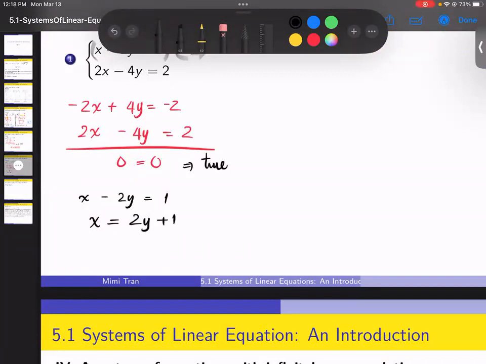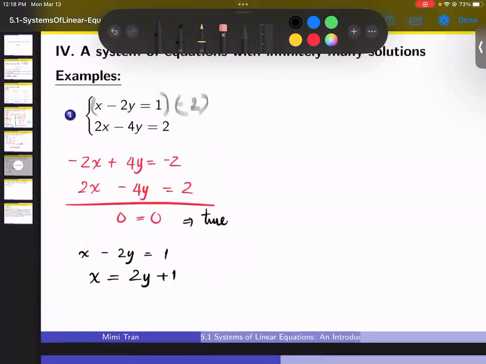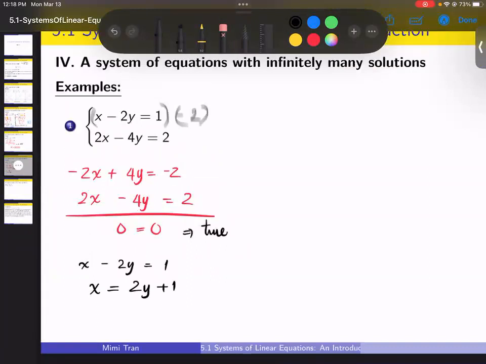Let me ask you a question. Forget about the black part that I just wrote here. If you have 0 equals 0, does that mean any point you randomly pick is automatically a solution?